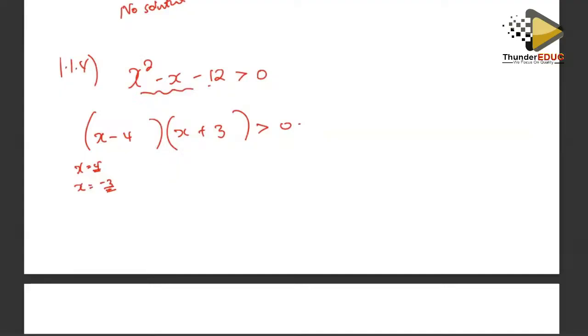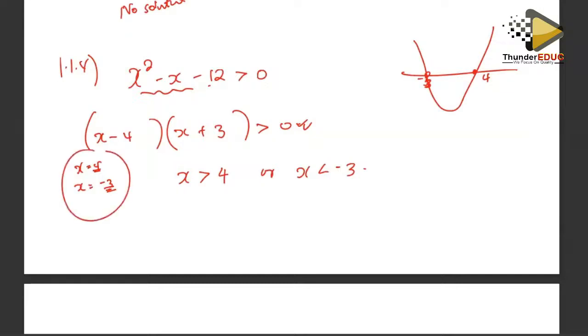Which parabola is having a smile? These values are roots, which means you have a -3 and then you have a +4. We are asking for values where the graph is greater than 0, meaning that x needs to be greater than 4 or x needs to be less than -3. Now, after getting your solutions, you need to represent them. Okay, so this is one way of representing the solutions.